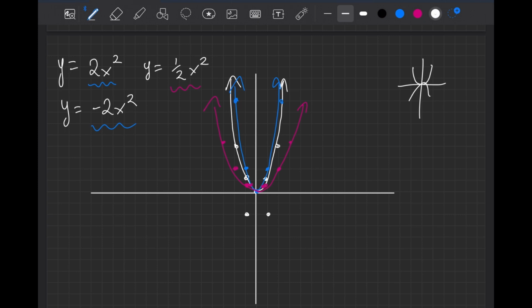We would go down instead of up, and with a stretch of 2, we would go down 2 instead of 1. And left to right 2 would now be down 8. So 1, 2, 3, 4, 5, 6, 7, 8. And that is how this one would look.